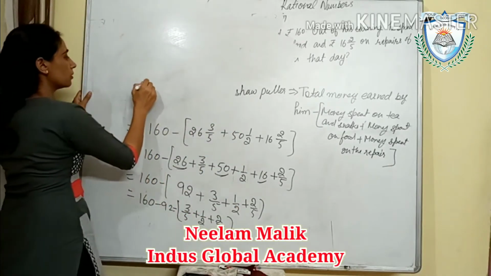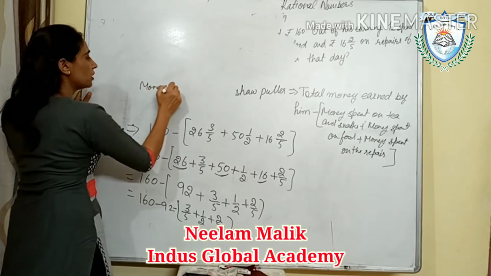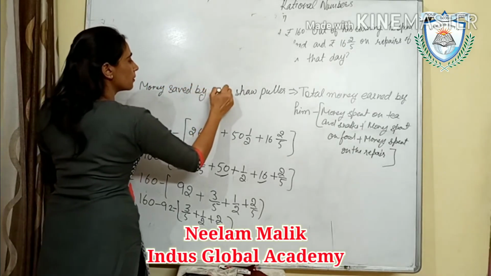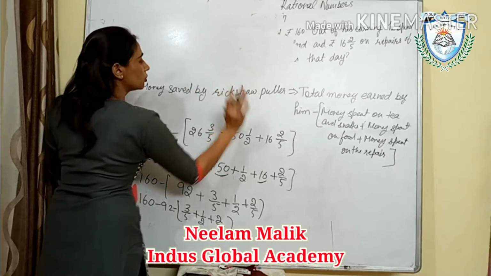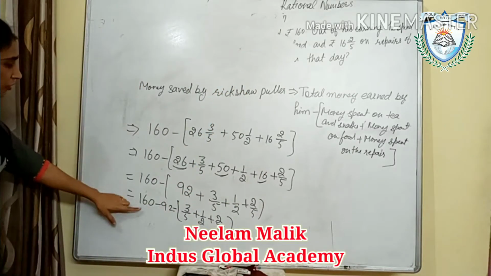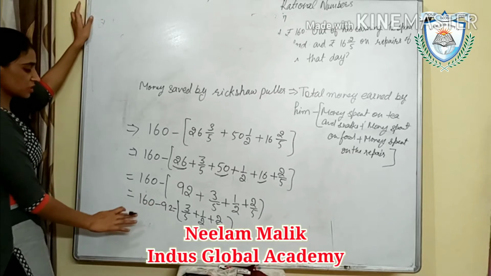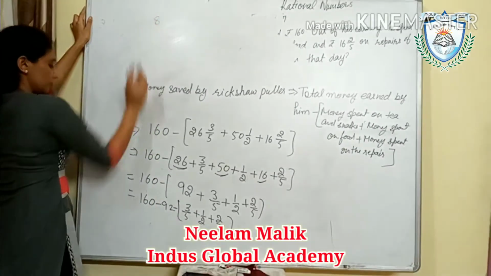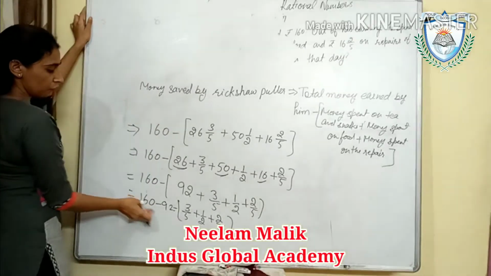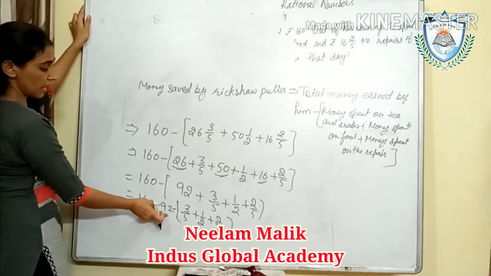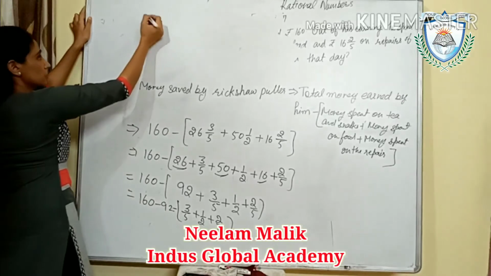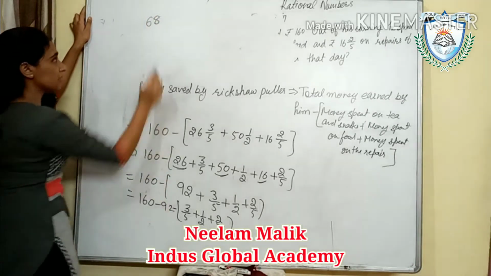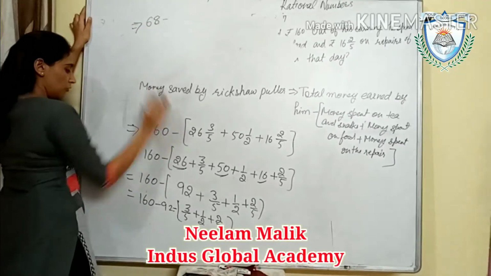Money saved by rickshaw puller. Okay, so now we will do here 160 minus 92. What will we get here? 8 from 15, 9 will go, we will get 6. So we get here 68 minus, now we will solve all this.